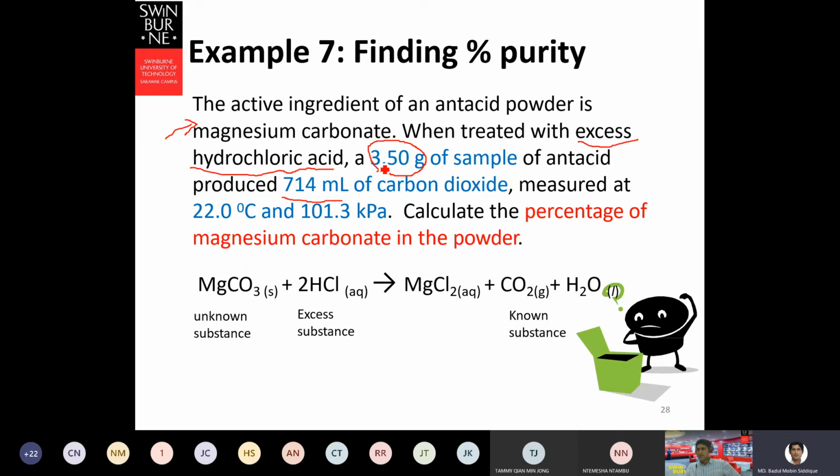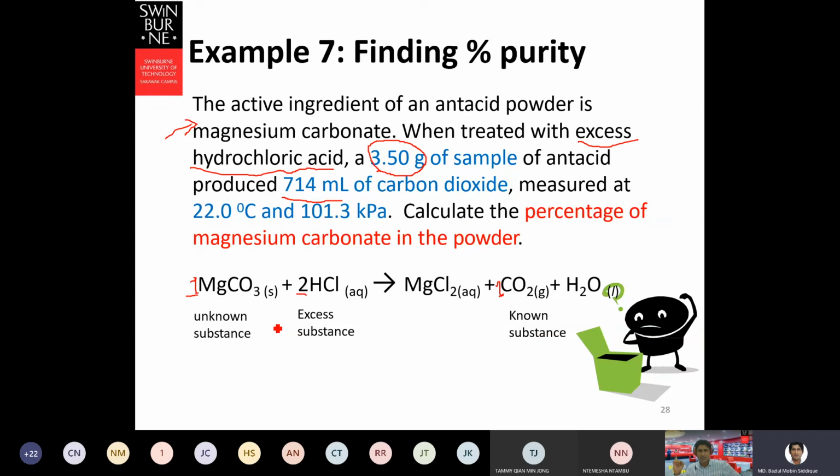Now we write the reaction, and we already know hydrochloric acid is the excess reactant. The acid is 1:2, but magnesium carbonate to carbon dioxide is a 1:1 reaction. One mole of carbon dioxide will be produced from one mole of magnesium carbonate.